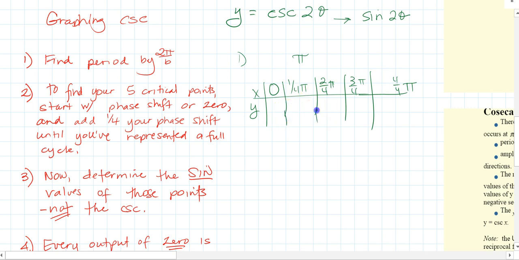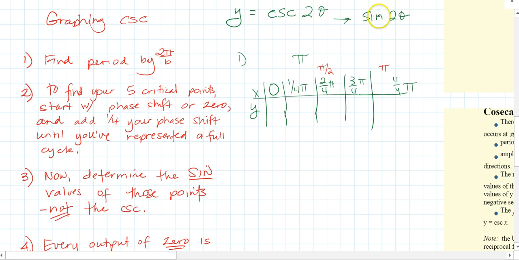So at that point you can simplify if it helps you. That's 1/4 pi, pi over 2, and that's pi if I simplify those values. Now I'm going to determine the sine values of these. And I know that my sine always starts with a 0, right?